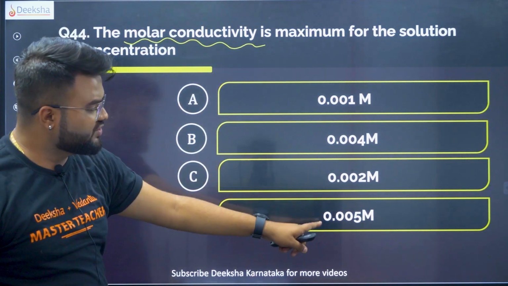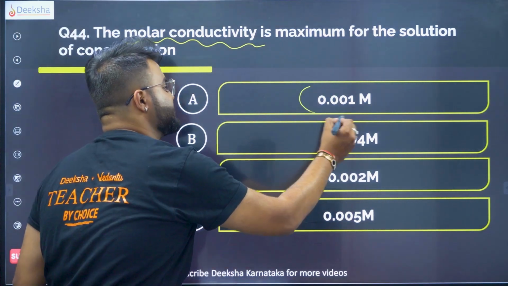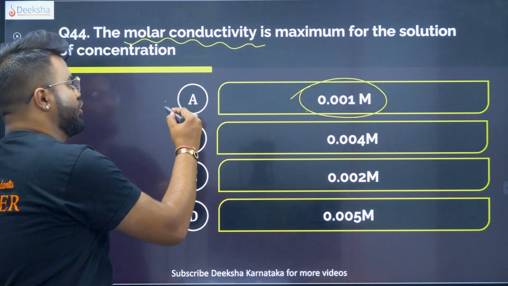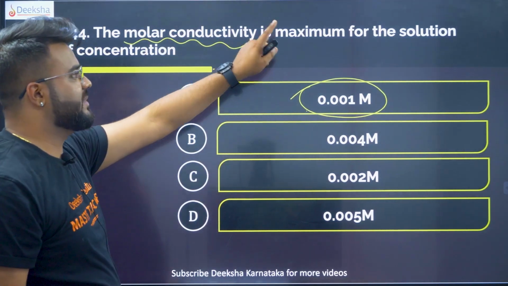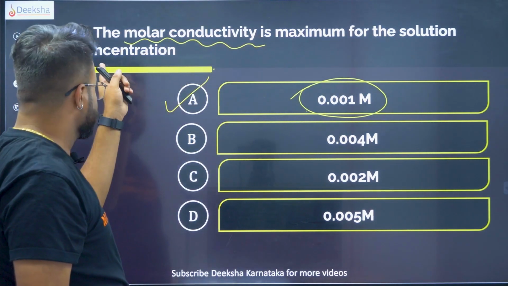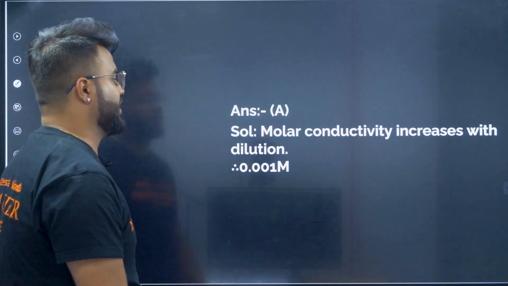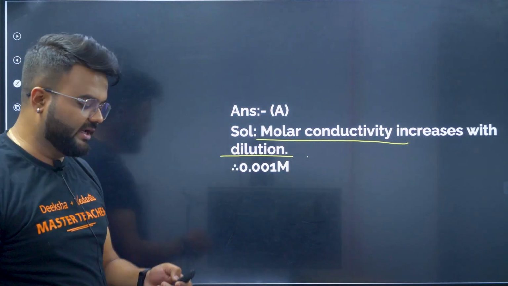Here, among this, which is most diluted? Very good. The most diluted is 0.001 molar. Therefore, option A will be your correct answer. That is, the molar conductivity is maximum for the solution concentration of 0.001 molar. So you can see that molar conductivity increases with dilution. Clear?